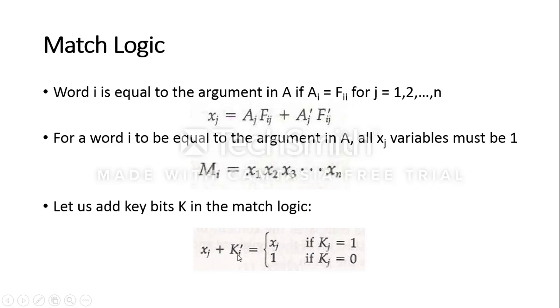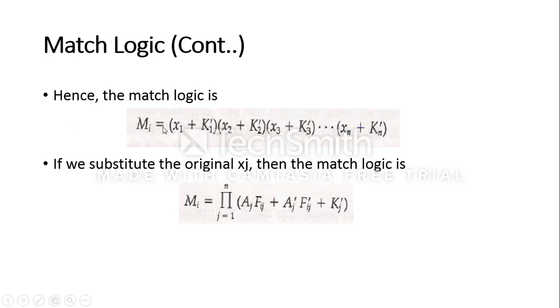So after including this kj dash in the equation, we can have mi as x1 plus k1 dash into, that is a logical product operation, basically a logical AND operation, x2 plus k2 dash into x3 plus k3 dash up to xn plus kn dash. So with every x value, you have to also consider the corresponding k bit value from the key register.